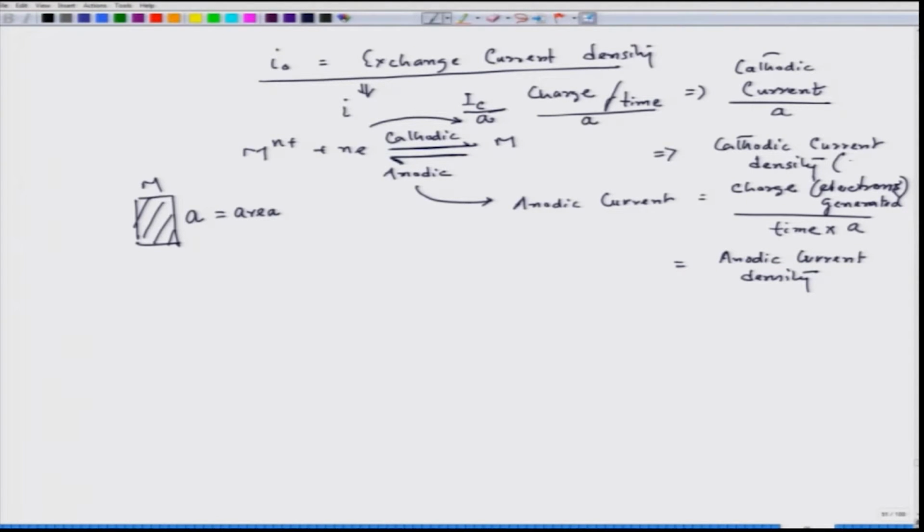We will term this one as IC, and this one would be IA.